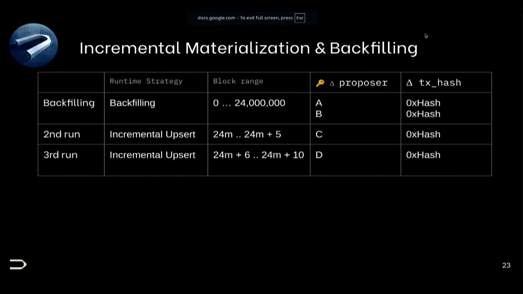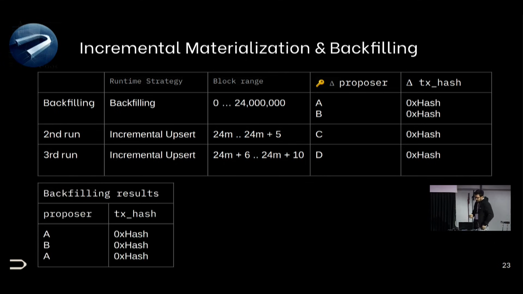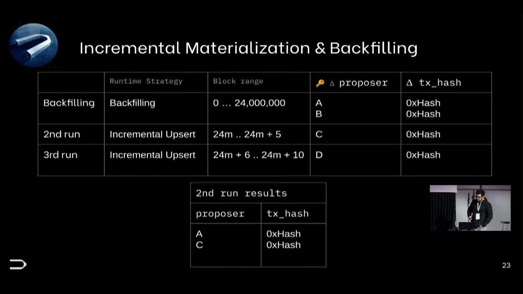Let's see in detail what the system will do in this particular case. So let's say this is the Ethereum blockchain, which right now is at 24 million blocks. When I set the backfilling strategy, I set it to backfill. In the first execution, it's going to run from the beginning of time. And let's say it's going to return these 3 results, A, B, and A. Now, since proposer is a unique key, it's only going to take the first 2 results. Then, in the second run, the strategy changes.